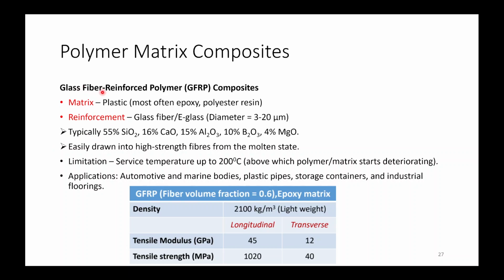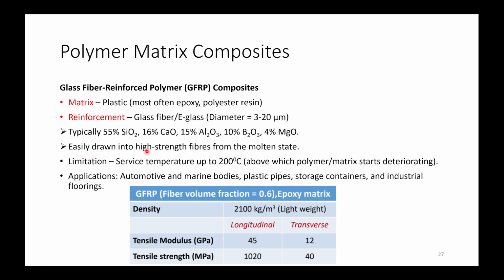Now this glass fiber is typically made using 55% of silica, 16% of calcium oxide, 15% of alumina, 10% of B2O3, 4% of magnesium oxide.